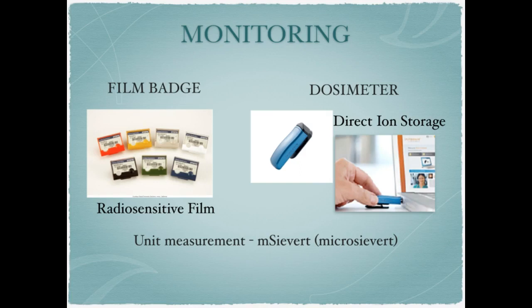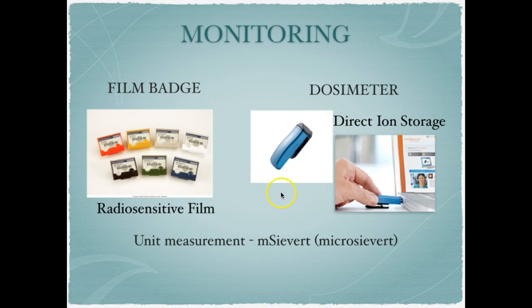Another area of operator protection is to have radiology monitoring. This can be done by a film badge, which has radiosensitive film in it, and you purchase these from a company and then you send them in periodically, usually monthly, and they will test the film to see how much radiation exposure the radiographer is receiving.